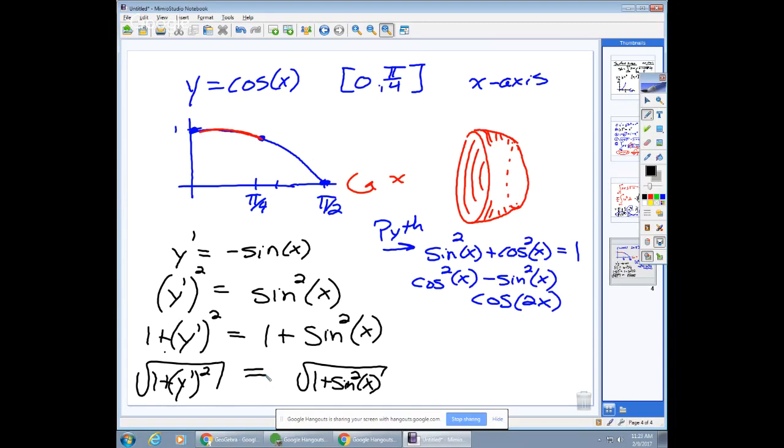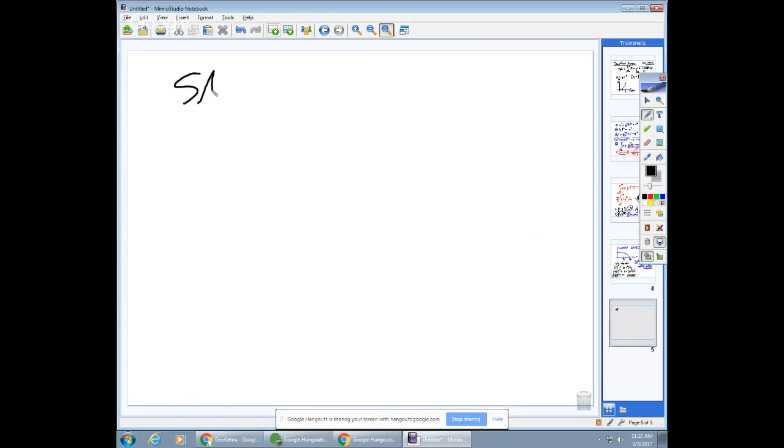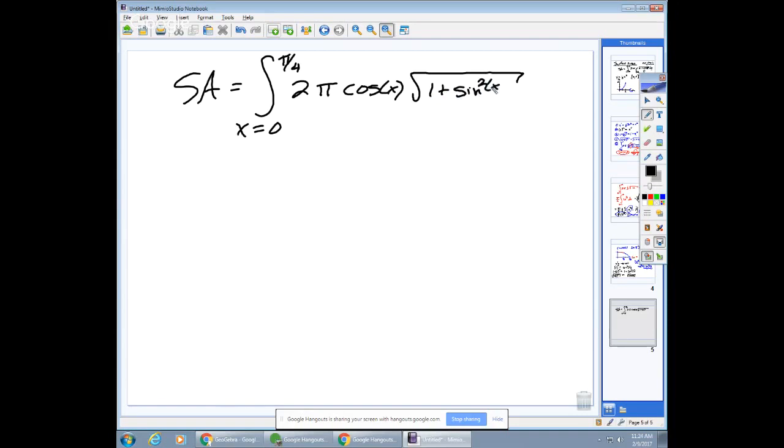So my surface area is going to be equal to the integral as x goes from 0 to pi over 4 of 2 times pi times the original function, because that's our radius. That was the cosine of x. And then I have the square root of 1 plus the sine squared of x dx.